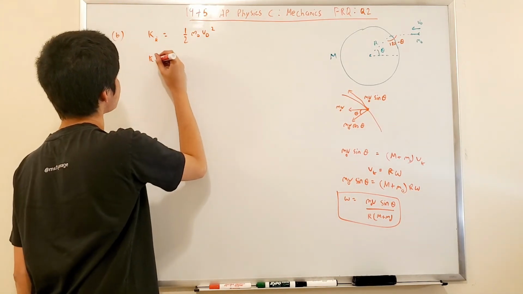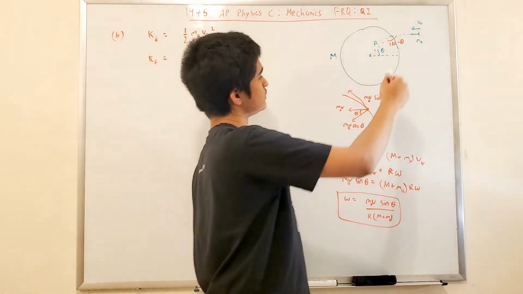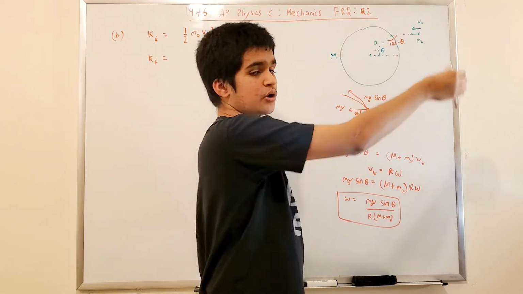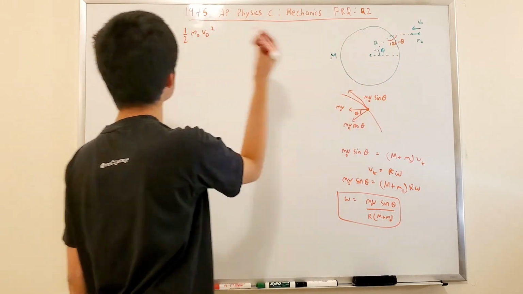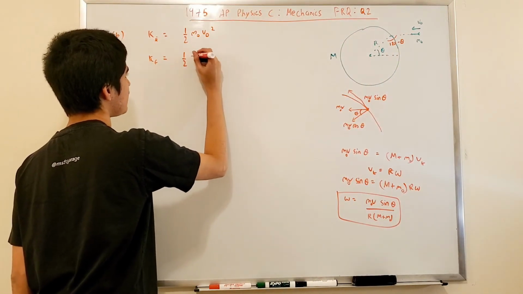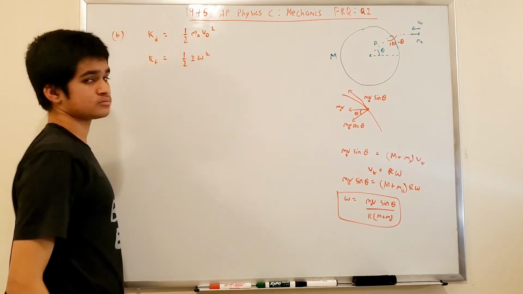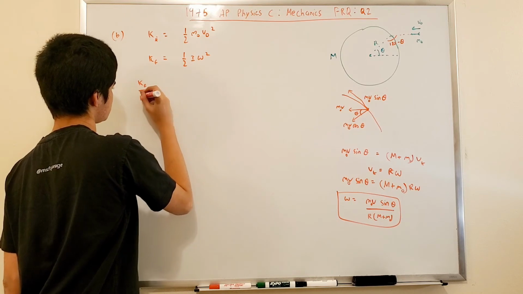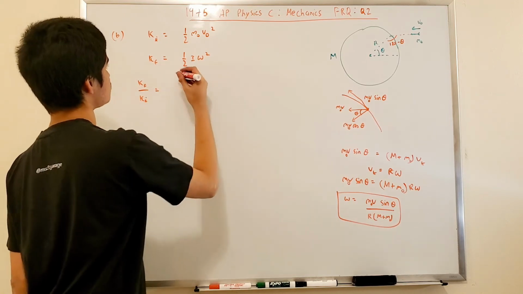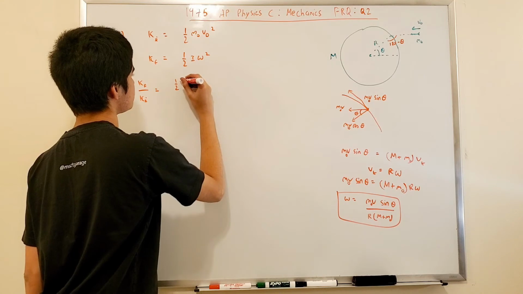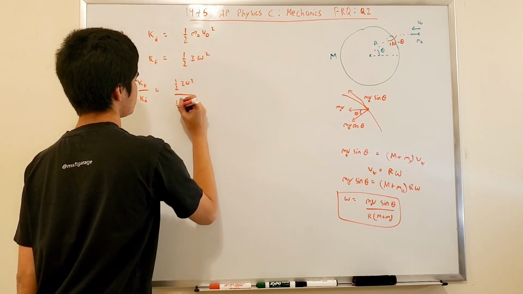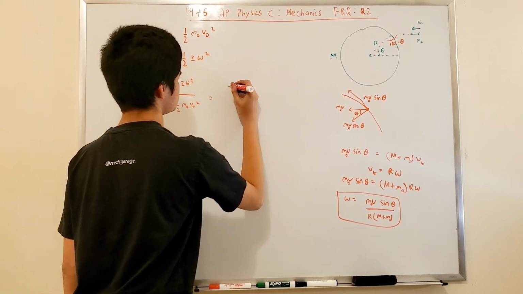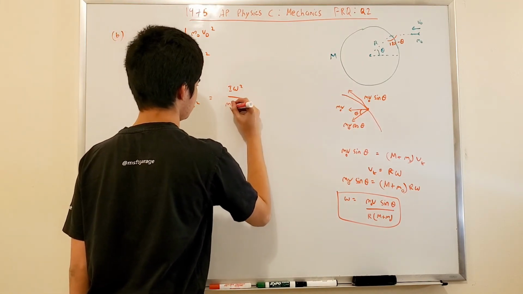For our final kinetic energy, the tire plus the bullet is now rotating, so it has a rotational kinetic energy of 1/2 I omega squared. So our ratio Kf to Ki is 1/2 I omega squared divided by 1/2 m0 v0 squared, which is equal to I omega squared over m0 v0 squared.